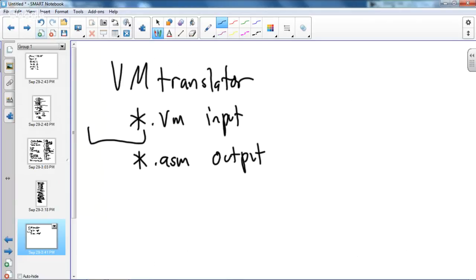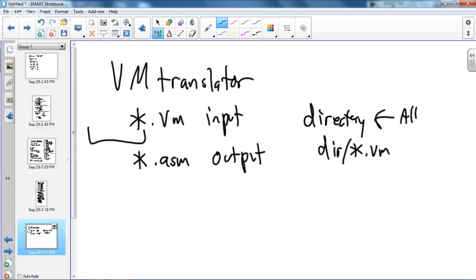There's an additional option, which I don't think matters very much in the first week in Project 7. It matters a lot more in Project 8. There's an additional option where instead of a VM file, you can give it a directory as the input. And then what it'll do is read all files that are in the directory and have the VM suffix. So actually read them all in and then generate a single massive ASM file that contains all the code.